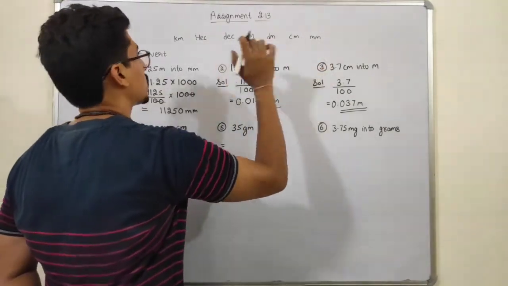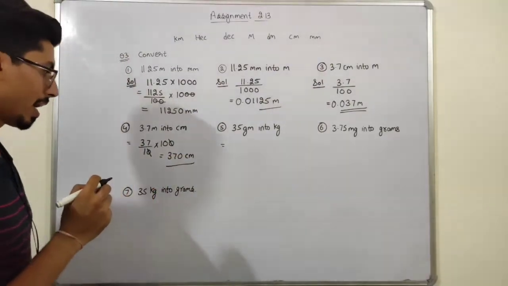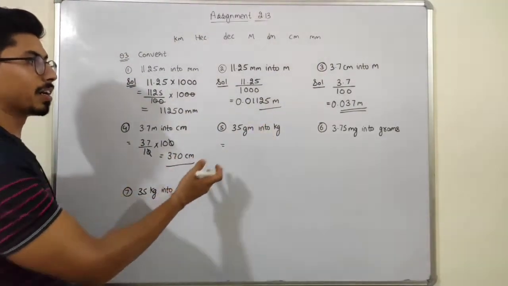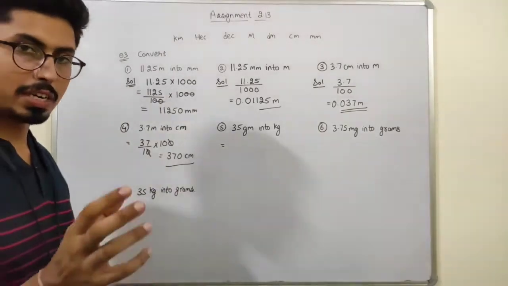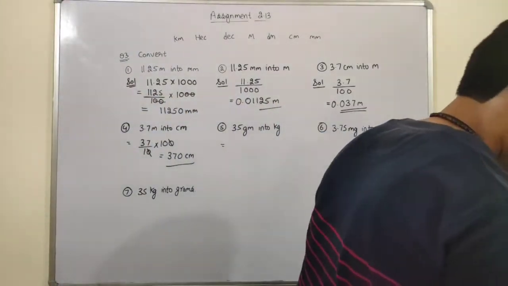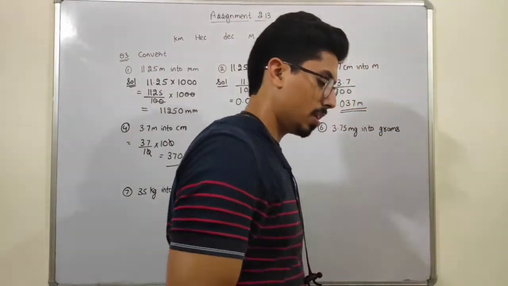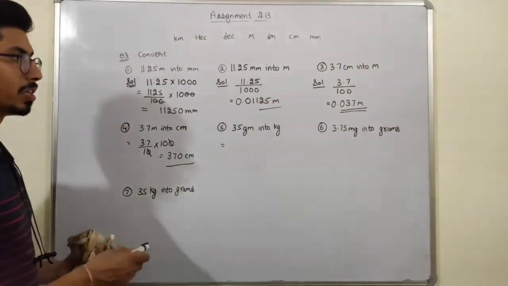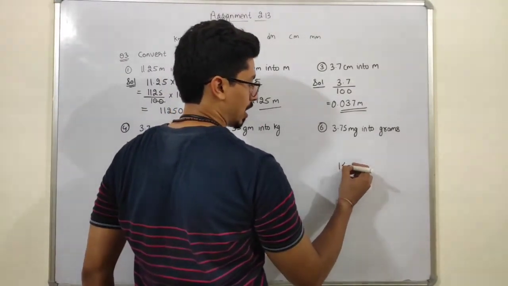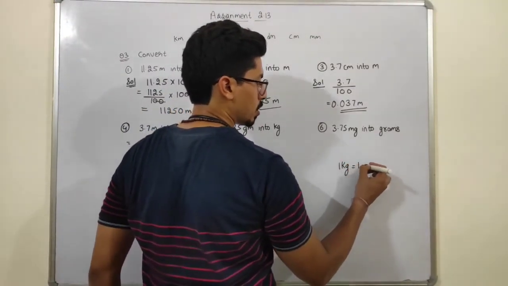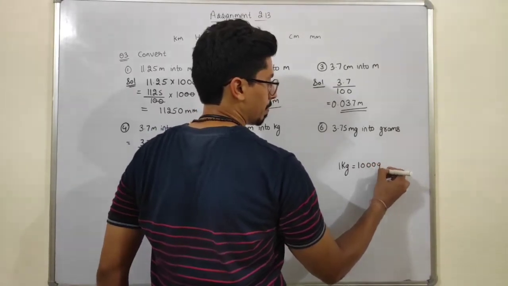Now the fifth part, students, I have to convert 35 gram into kilogram. So students, I haven't discussed gram and kilogram with you, so let me first discuss these things with all of you. Just for your knowledge, I am telling you that 1 kg is equal to 1000 gram.